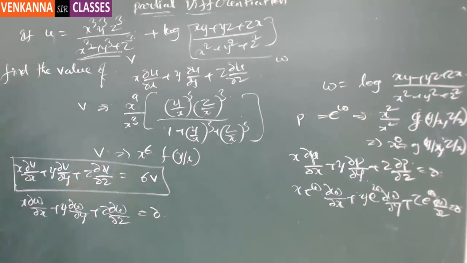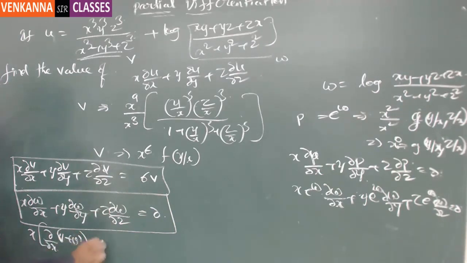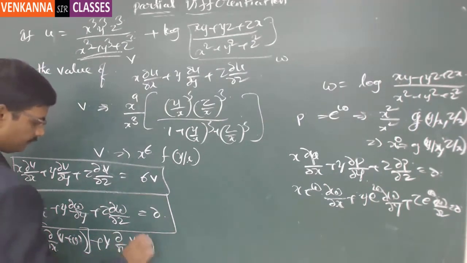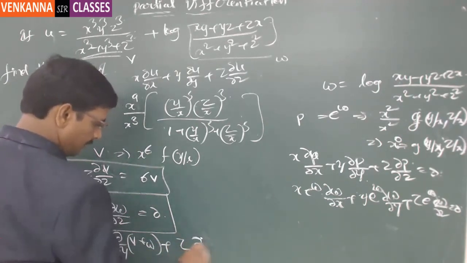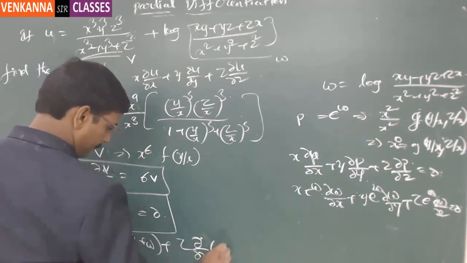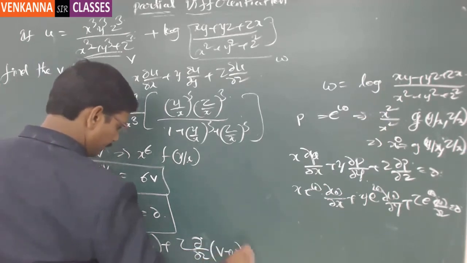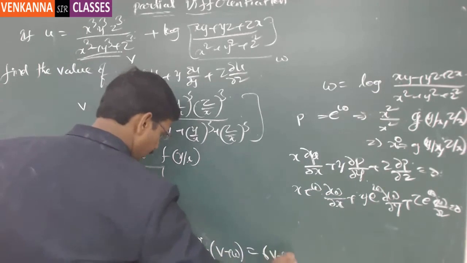Now if you add these two together, you get x times ∂/∂x of (v plus w) plus y times ∂/∂y of (v plus w) plus z times ∂/∂z of (v plus w) is equal to 6v plus 0.